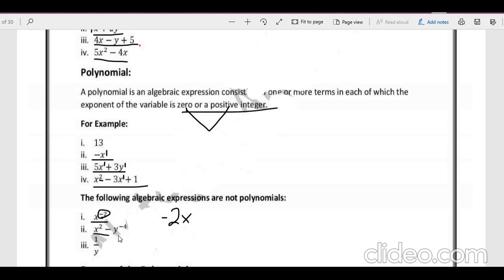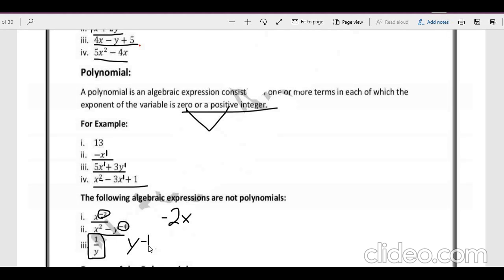This algebraic expression is also not a polynomial because the exponent of y is minus 4, a negative integer. This one is also not a polynomial because the exponent of y is minus 1, and minus 1 is not a positive integer.